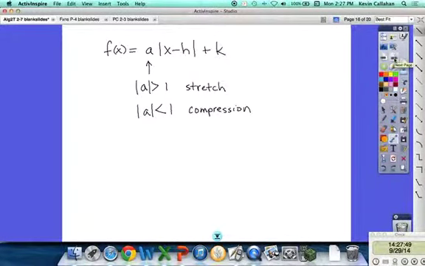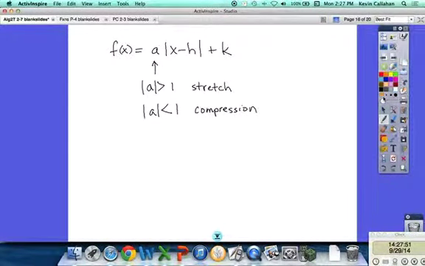So that's the last piece of our equation for the whole family of absolute value functions. It could have a constant in the front, which is multiplying. If that number, absolute value-wise, is greater than 1, it'll stretch the graph. It'll make it go up faster.